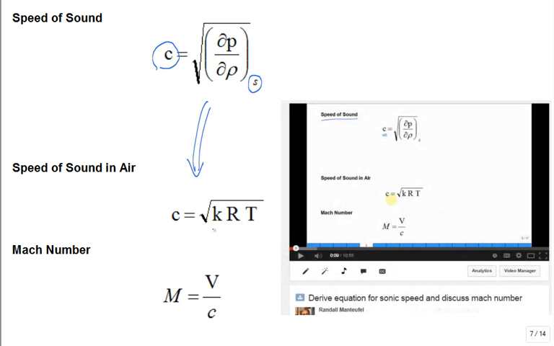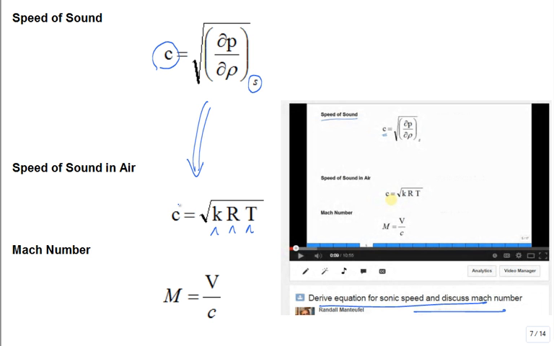Air behaves as an ideal gas, so you get a simple relationship, the square root of kRT: ratio of specific heats, the gas constant, and absolute temperature. This is a derivation I've done before, and you can take a look at it. It's also in the textbook, so I'm just going to allude to it, say it's there.